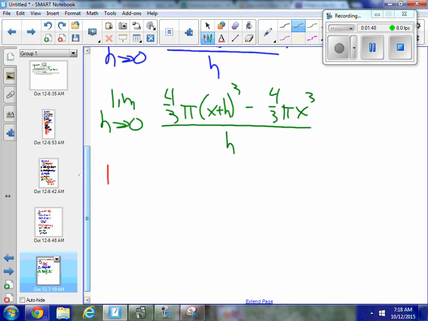I want the limit as h approaches 0 of 4/3 pi. Well, now I have to cube x plus h. So I'm going to take a little detour here for just a second.